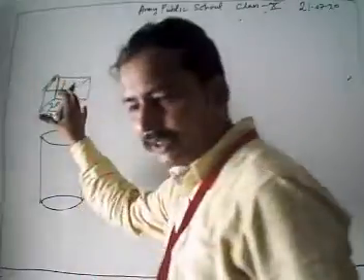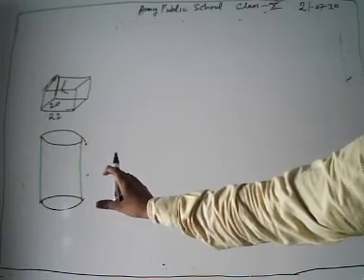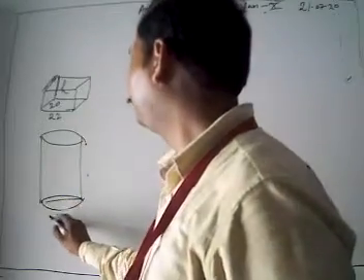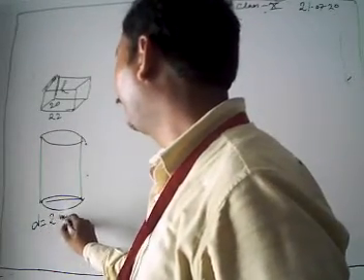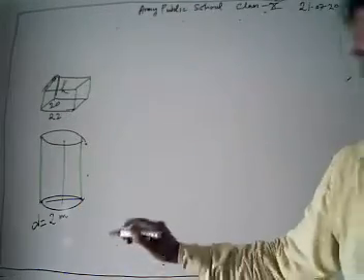The whole water is collected in the cylindrical portion with a diameter of base 2 meter, and its height is given 3.5 meter.